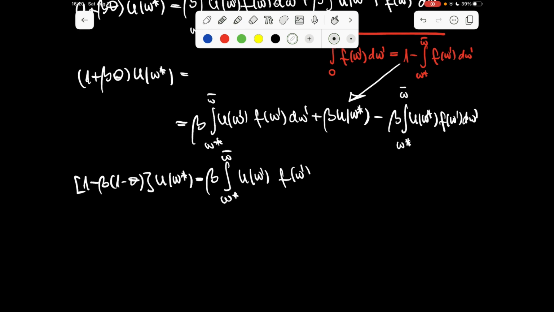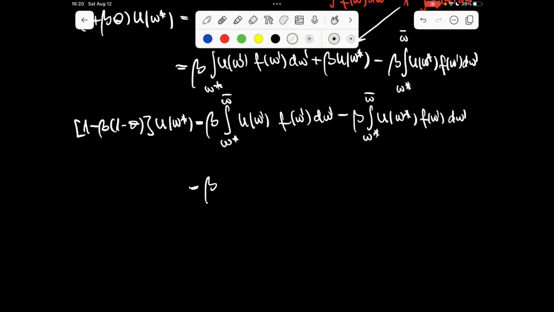Here we have two separate integrals on the same interval, and it's not too difficult to put them together because integrals are linear. We have covered this in the lecture devoted to measure theory and integration.